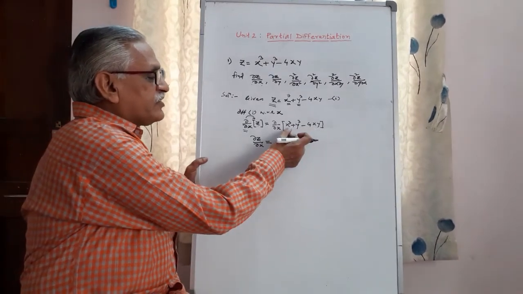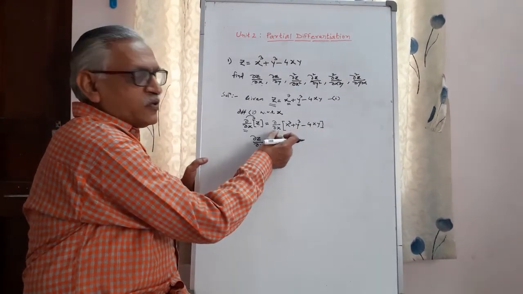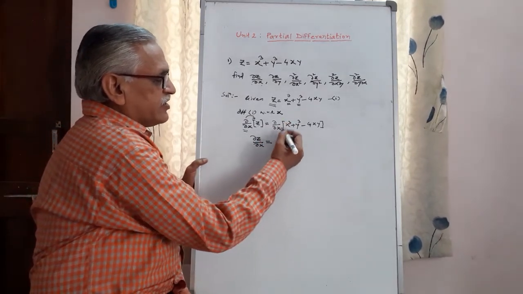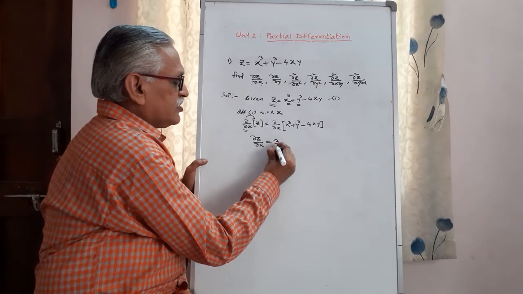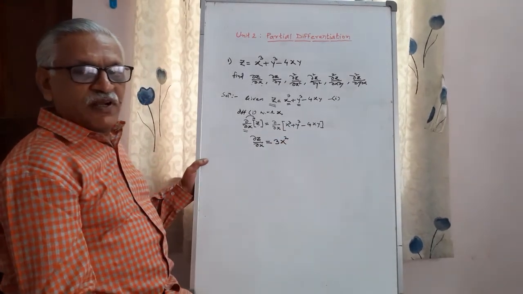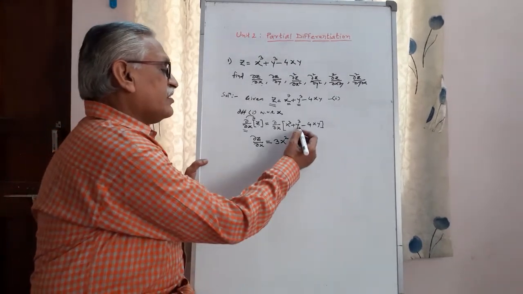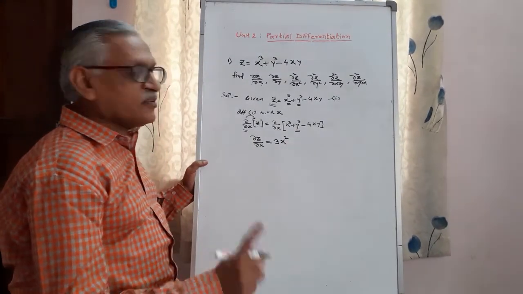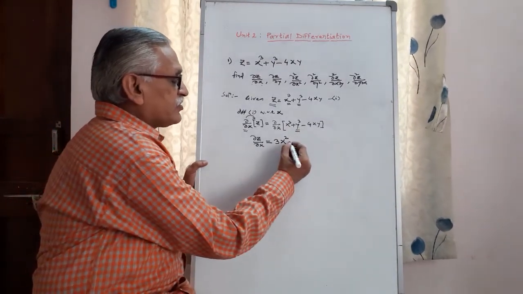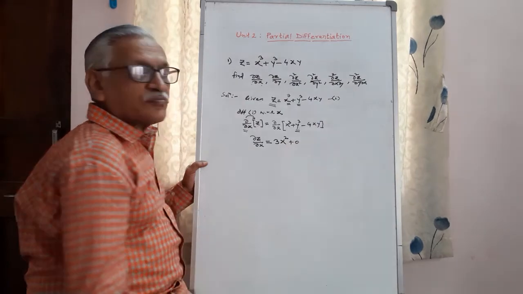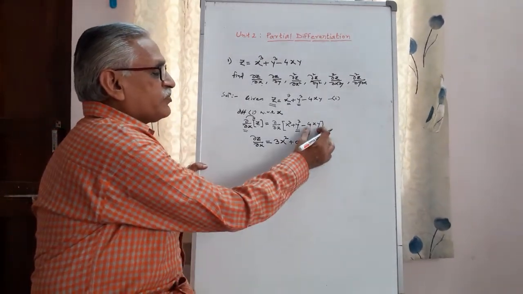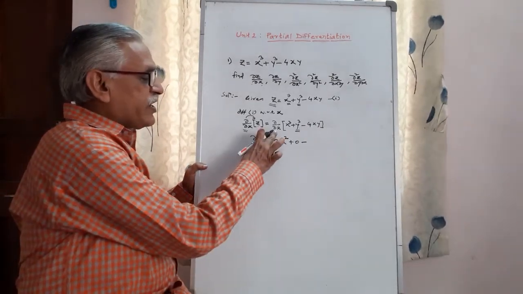And that is equal to, we have to differentiate each and every term with respect to x. Therefore, derivative of x cube, by the standard result of derivative, is 3x square, n into x raised to n minus 1, by that standard result. Then y is a constant term with respect to x, and the derivative of a constant term is 0. Then minus the derivative of this last term with respect to x.